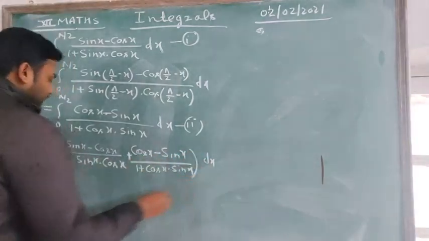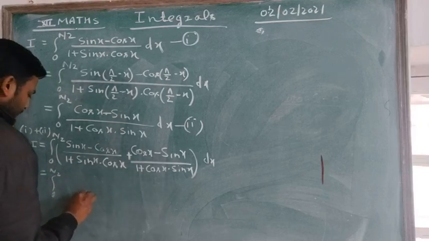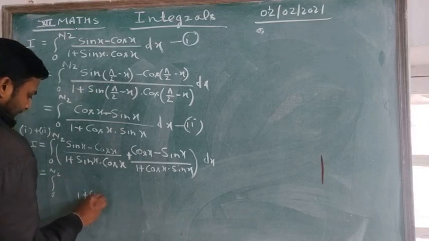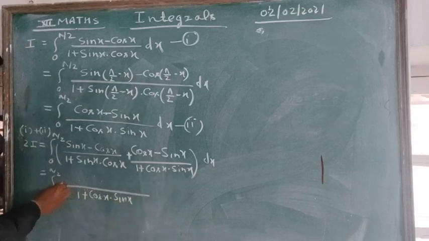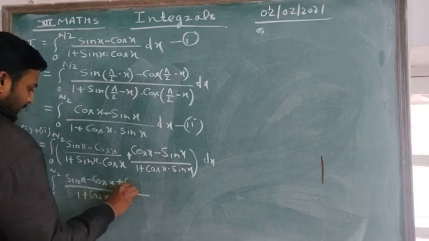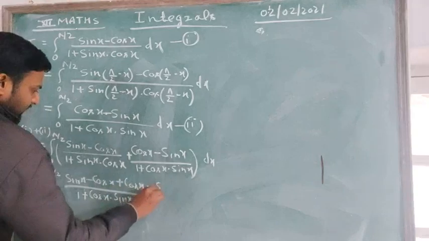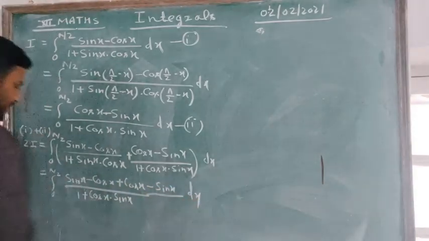Now we take the LCM of both. We see that our denominator is the same, so our numerators will be added. We can write sin x minus cos x plus cos x minus sin x dx.